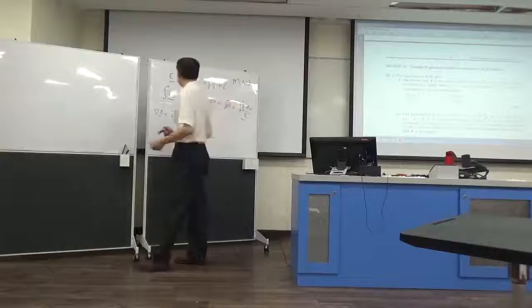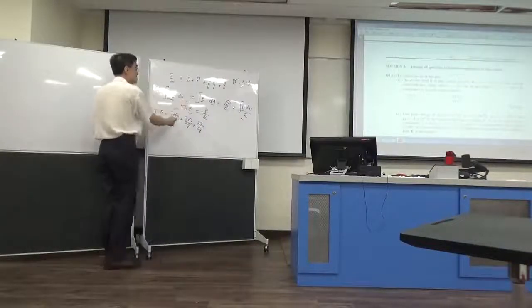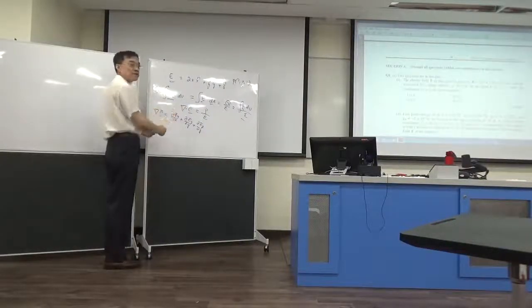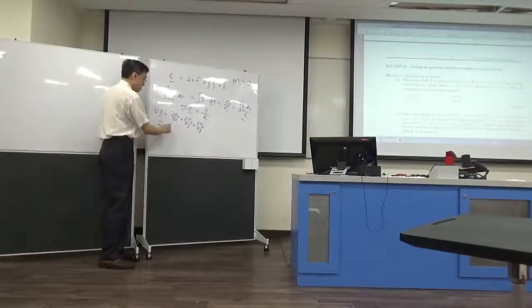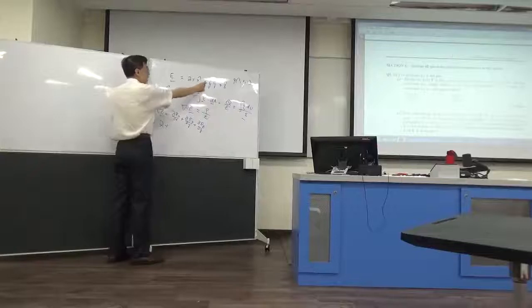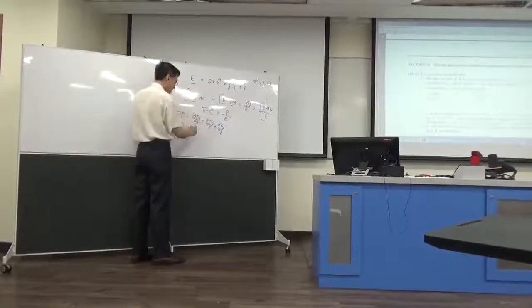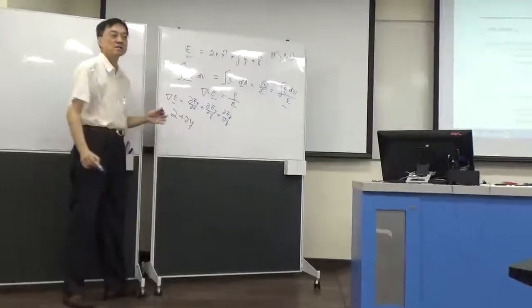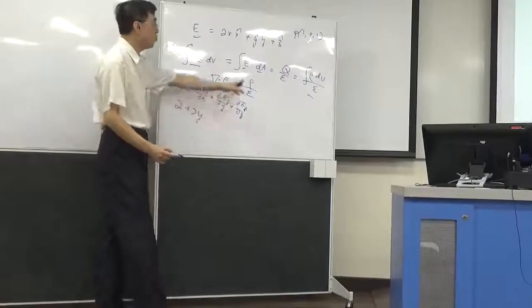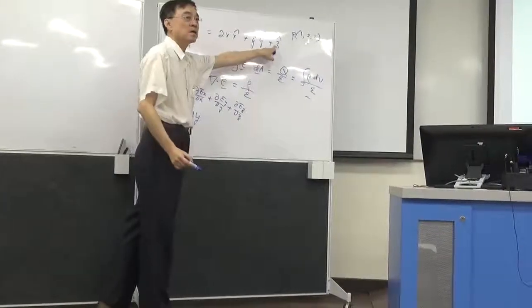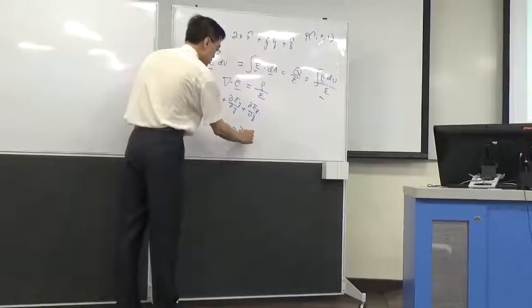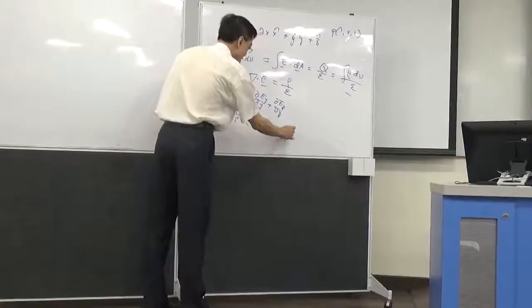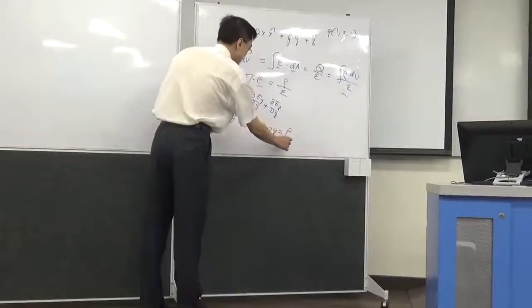Do that. Del Ex over del X: differentiate 2x with respect to x, gives you what? 2, right? Differentiate Ey with respect to y: y squared becomes 2y, right? Differentiate 1 with respect to z, gives you 0. So this is 2 plus 2y. This is your charge density over epsilon.